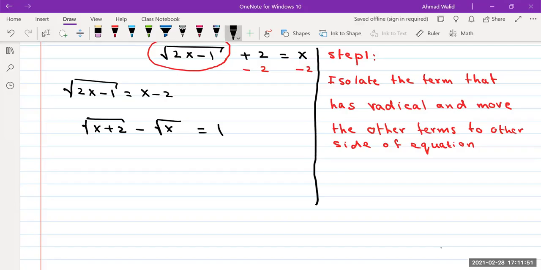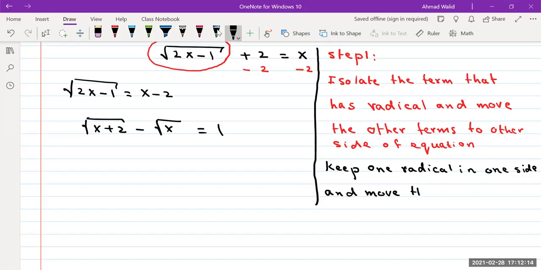Keep one radical in one side and move the other radical to the other side.